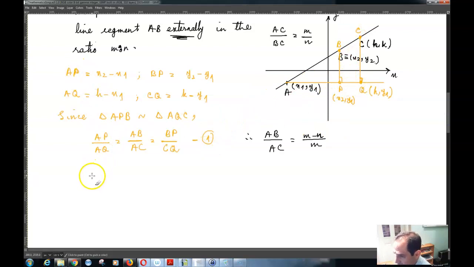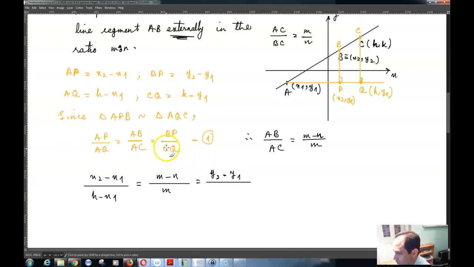So AP is equal to x2 minus x1. AQ was equal to H minus x1. That is equal to AB to AC, which is M minus N over M, which is equal to BP over CQ: Y2 minus Y1 over K minus Y1.